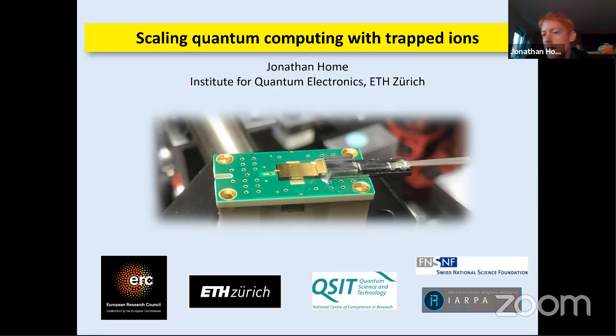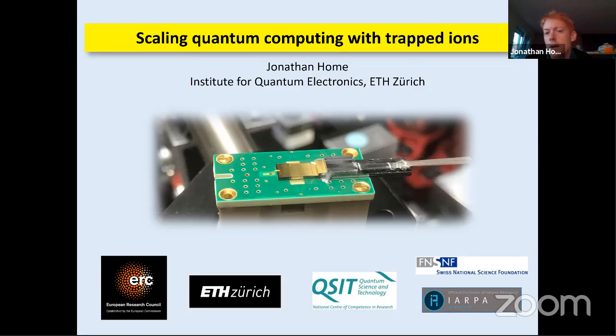And that's, if you like, a technological flavor in which we're trying to look at how to scale up quantum computing in the approach of trapped ions, which is quite successful at small scales, and the real challenge is to make these systems bigger. So that's going to be the first part of the talk today.